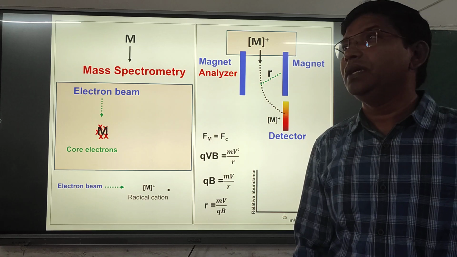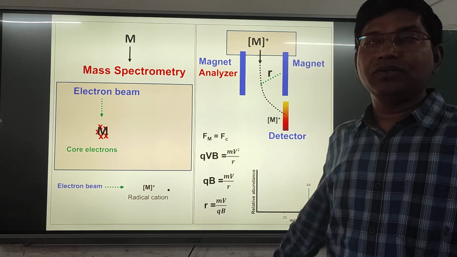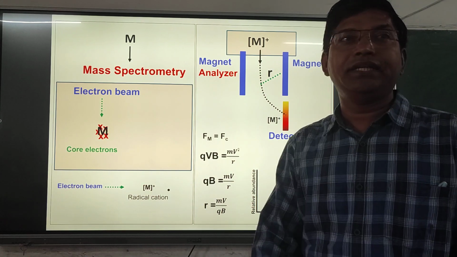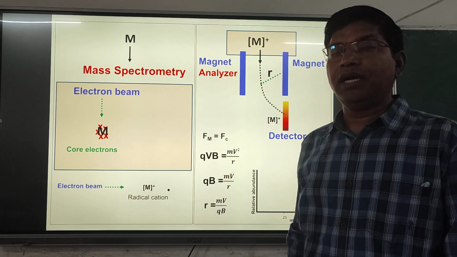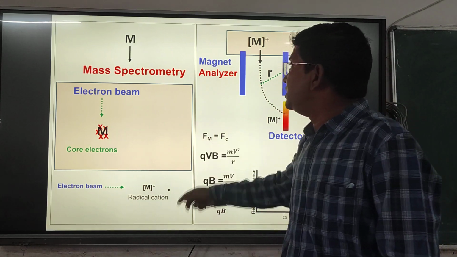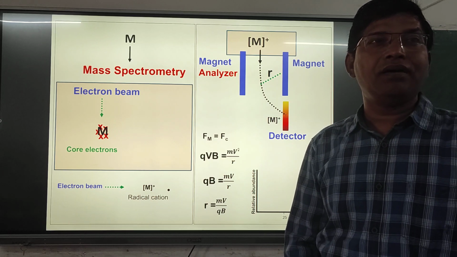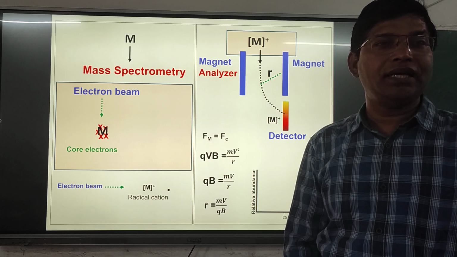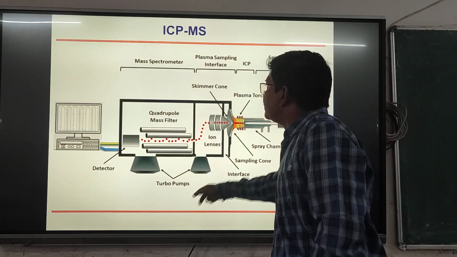Sodium will give the peak at 11. Based on that, we can detect the identity of the element present in the sample. So this is the mechanism for detection of the ionized element in mass spectrometry.